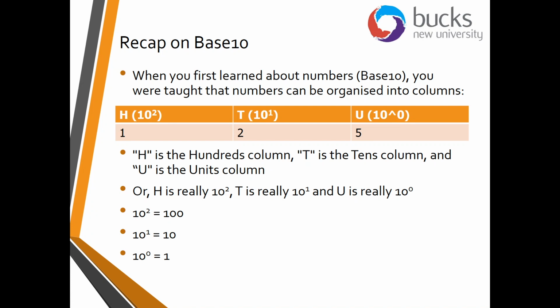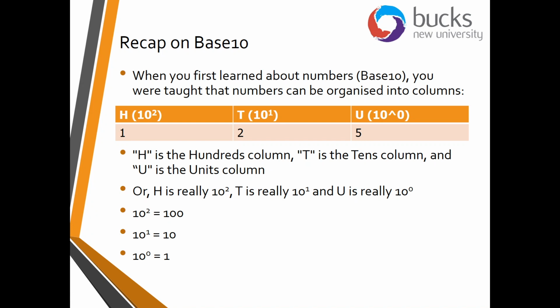So when you first learned about numbers, base 10, you were taught that numbers can be organized into columns, as shown in my little table here. At primary school, they would have talked to you about units, tens, and hundreds. And we know that as the units column increases, when it gets to a certain point beyond 9, we move one place towards the left.